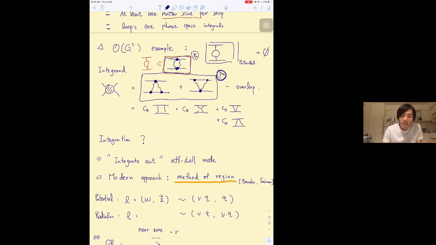So in this limit, A and B give you the same answer. The advantage of using one matter line on shell is that when you cut more and more lines, the answer becomes simpler and simpler. Because A and B give you the same answer, we can take advantage and use A, this triangle cut, because it is simpler than the bubble, just cutting two matter lines instead of cutting the three lines. Makes sense. Yeah, sure.